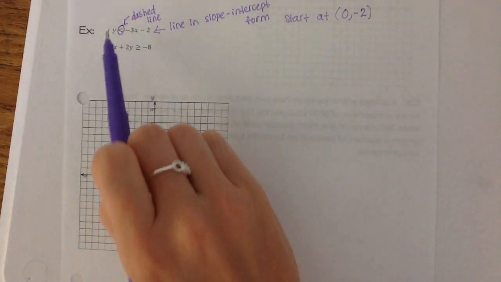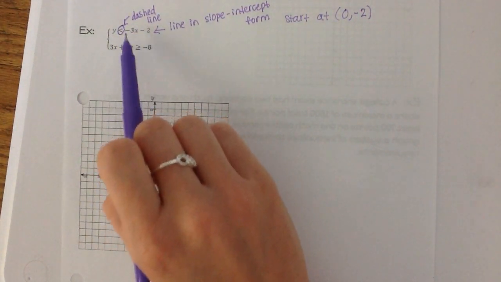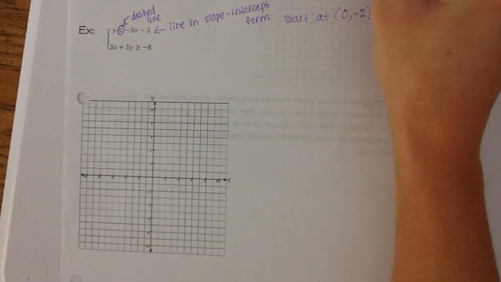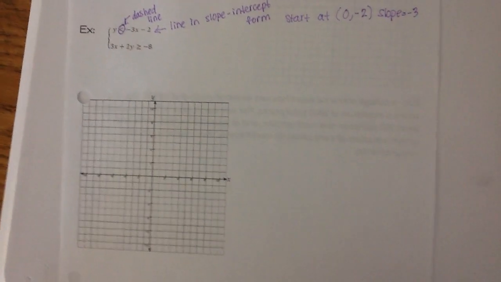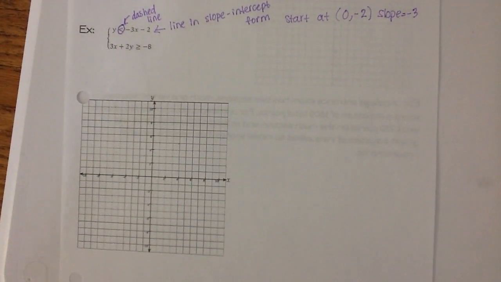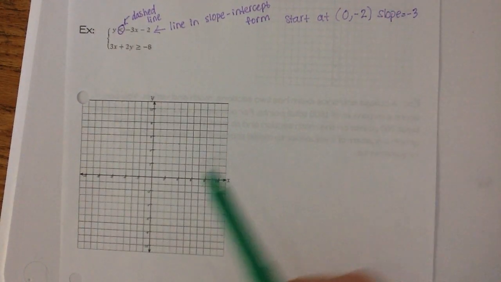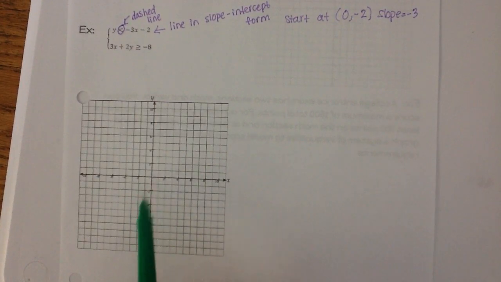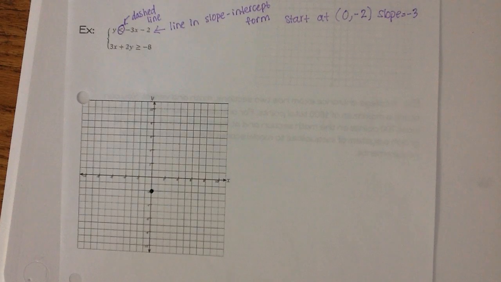Okay, so we have y equals mx plus b. Our slope is m, so our slope would be negative 3. Okay, so let's go ahead and graph that line. So we said we're starting at 0, negative 2. So we're not going left or right any, but we are going down 2. So our y-intercept is 0, negative 2. And our slope is negative 3.